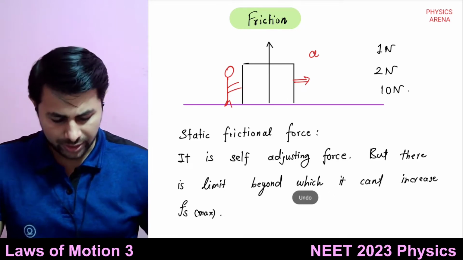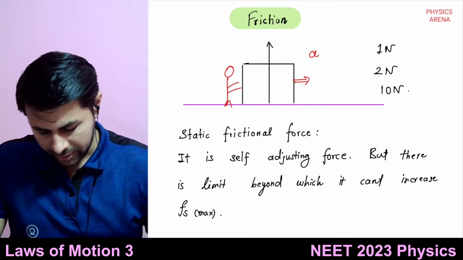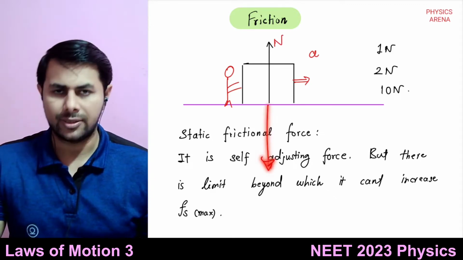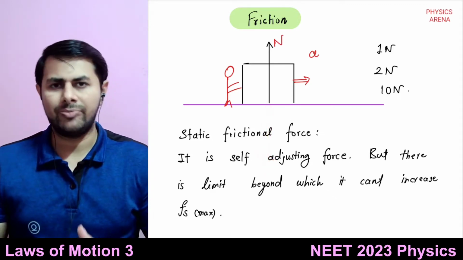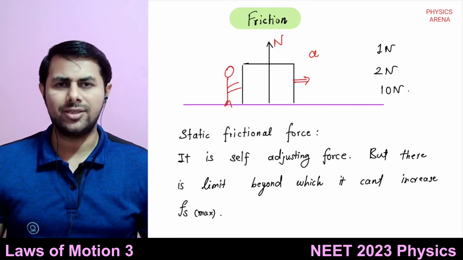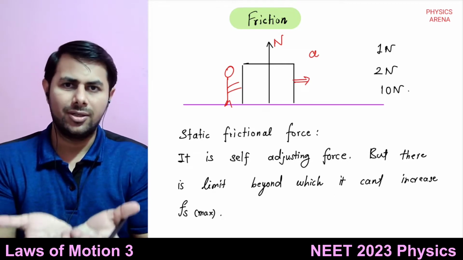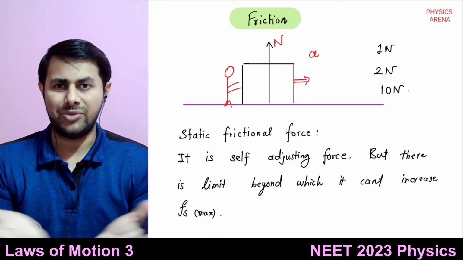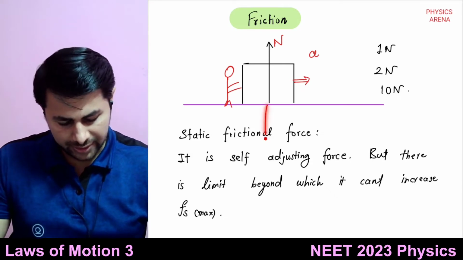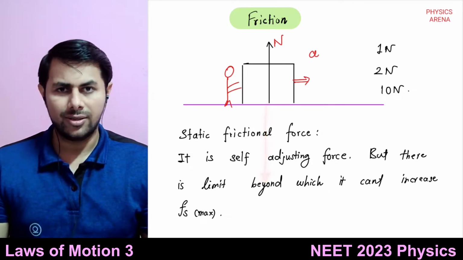I will not draw the gravitational force. So this normal reaction is equal to the gravitational force which is acting downwards. But it will not be the case every time. The speciality of normal reaction is that it is perpendicular to the surface which is exerting that normal reaction. In this case it will be equal to the gravitational force.